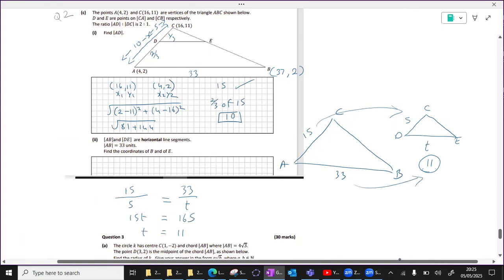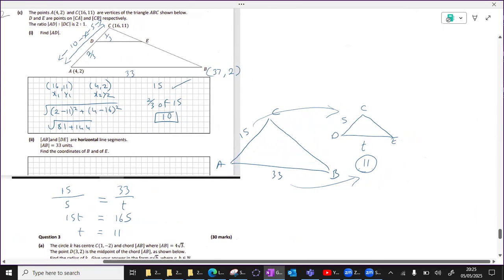So what does that mean? Well, I guess it means the same thing over the other side if I'm looking for this missing x1, y1. So I now have a distance of 16, 11 to 37, 2. So let's write that down. I have 16, 11 all the way to 37, 2.